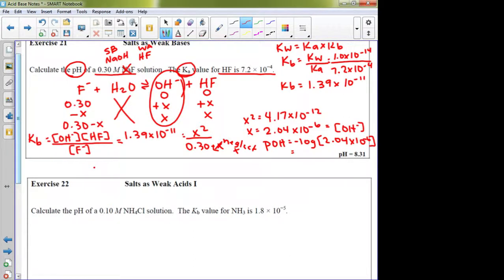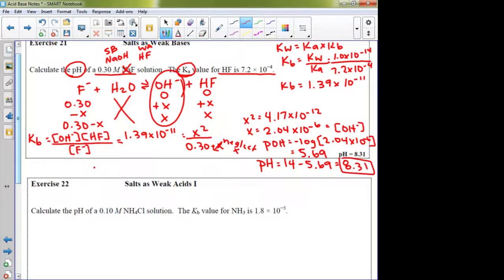So then my pOH is 5.69. Everybody still with me? So then my pH is going to be equal to 14 minus 5.69, which is 8.31.